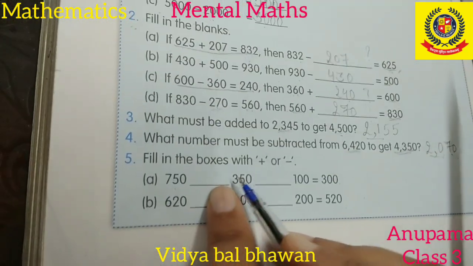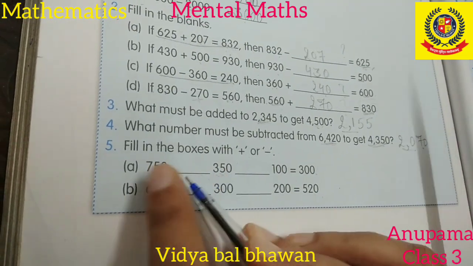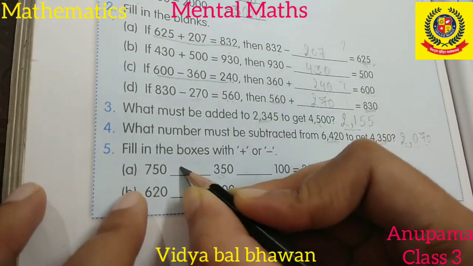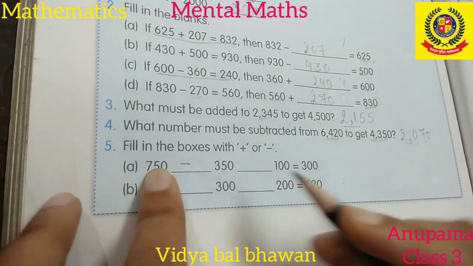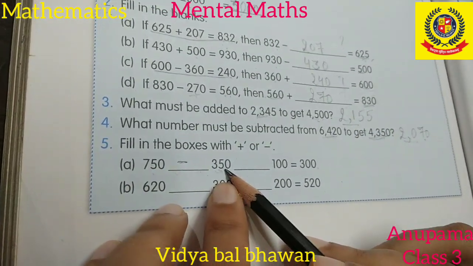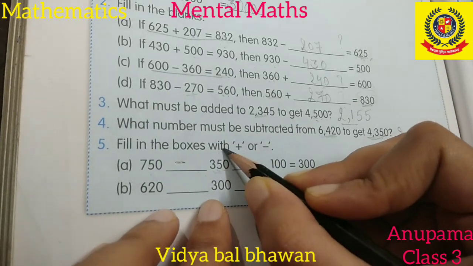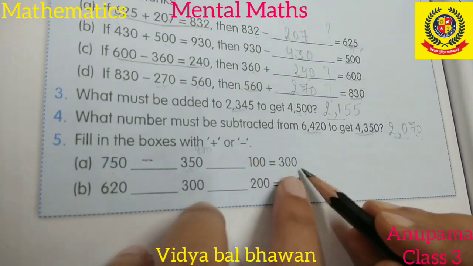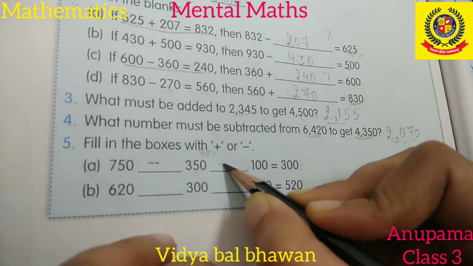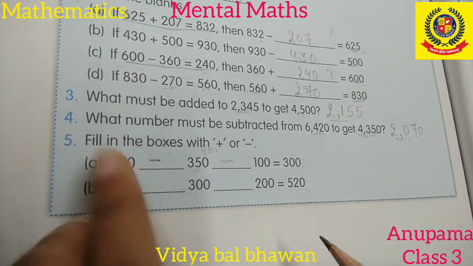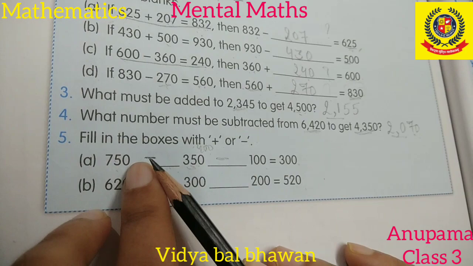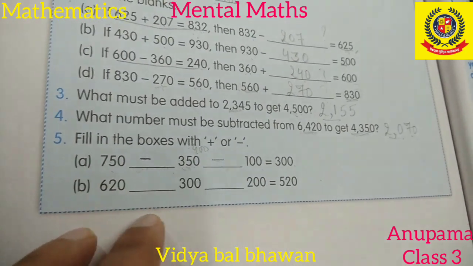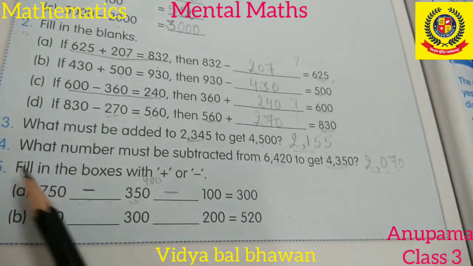Now 400 we get, so here we put the sign of minus. 750 minus 350, that is 400. Okay. Now 400 minus 100, we get the answer 300. So here in both columns we put the sign of subtraction, minus. Okay. Now B part.